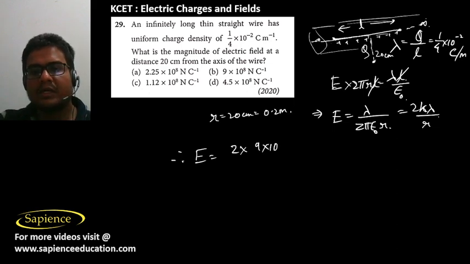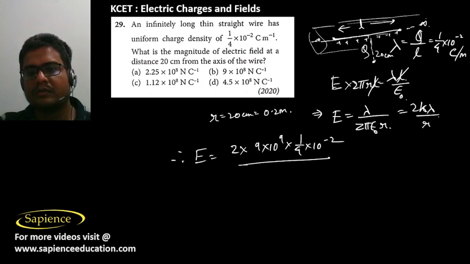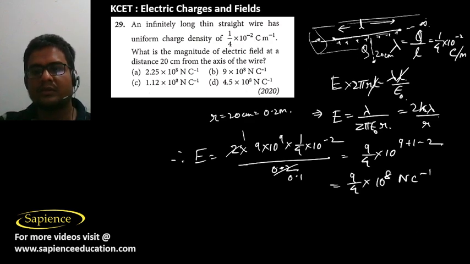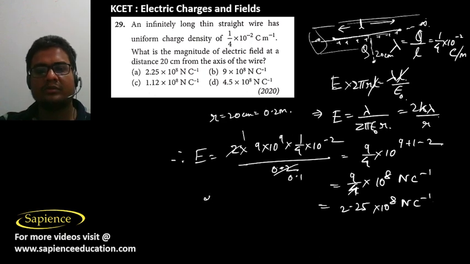K is 9 into 10 power 9, lambda is given in 10 power minus 6 per meter, and r is 0.2 meter. Calculating, we get 9 by 4 into 10 power 8, so the answer is about 8 into 10 power 8 Newton per coulomb. Option A is the answer.